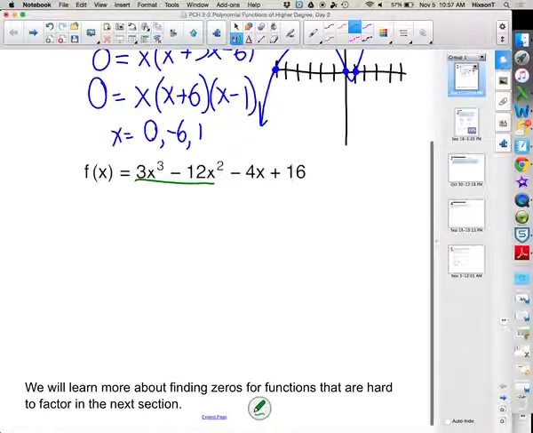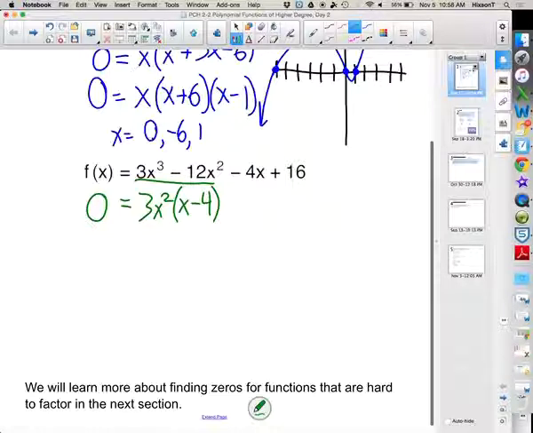So we, again, are setting this equal to 0, but we need to factor this by grouping, so we take 3x squared out of those first two terms, and we get an x and a minus 4 left over.